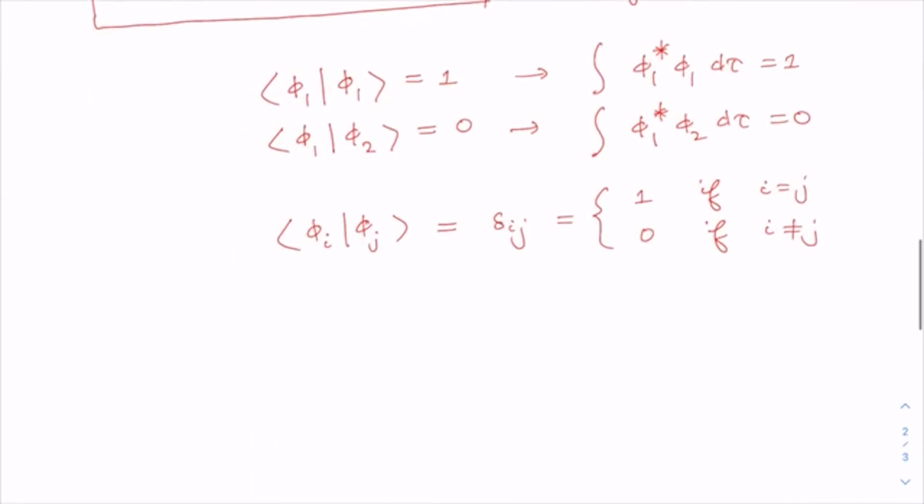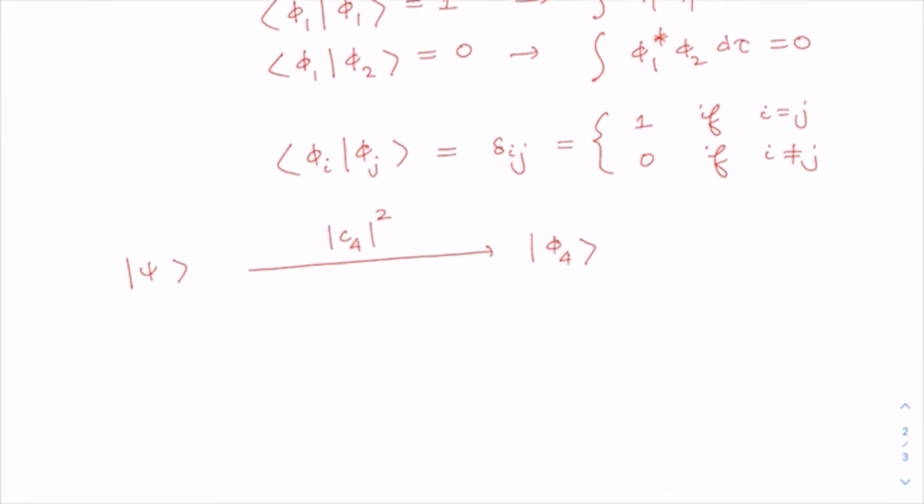For example, say we are in an arbitrary state psi, and if we make a measurement, then the probability that it will collapse into the eigenstate, say phi 4, would be given by the probability |C4|^2.